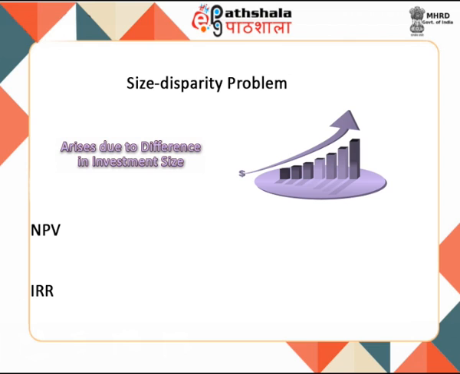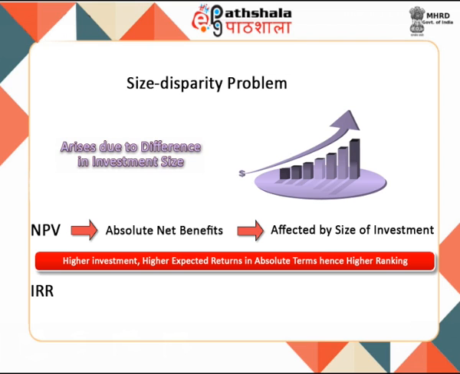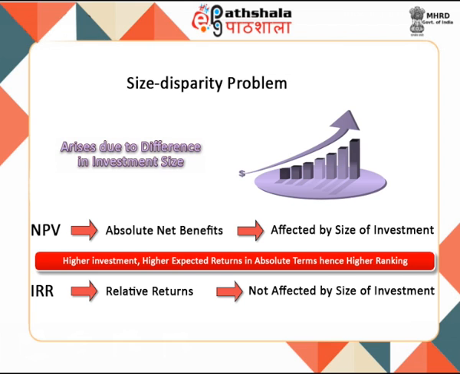NPV and IRR shall give conflicting rankings due to the fact that NPV deals with the absolute net benefits and is therefore affected by the size of investment. Higher the investment, higher the expected returns in absolute terms, and hence it would give higher ranking. On the other hand, IRR deals with the relative returns and is not affected by the size.